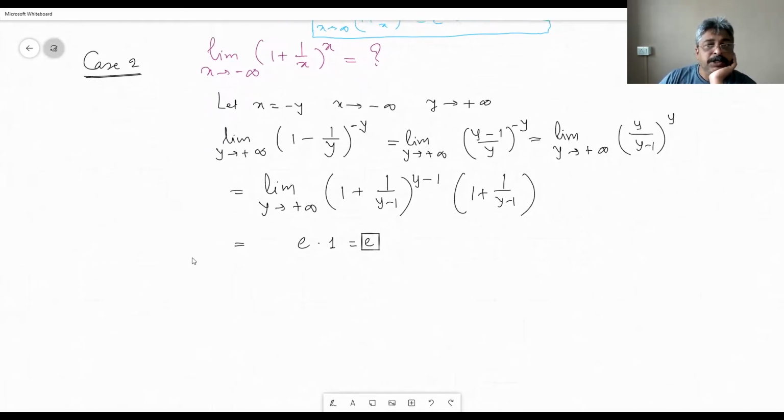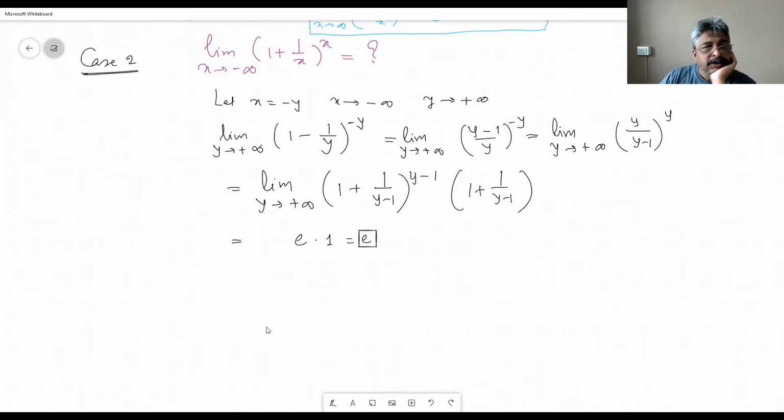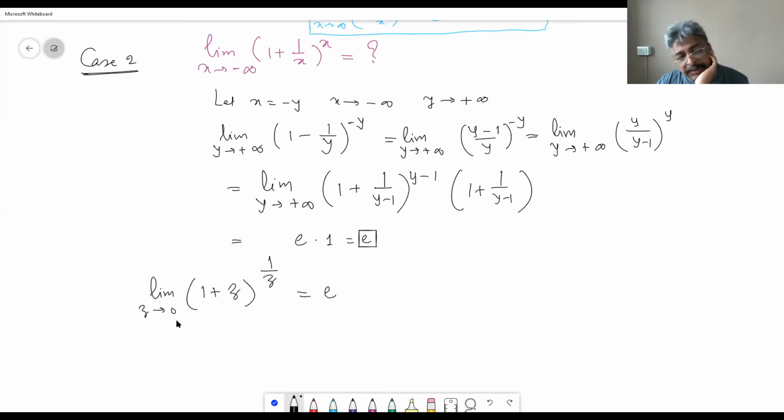Now let us write case 3, not case 3, version 3, limit z tends to 0, 1 plus z raised to 1 upon z is also equal to e. Replacing z by 1 upon x, we get the original limit.